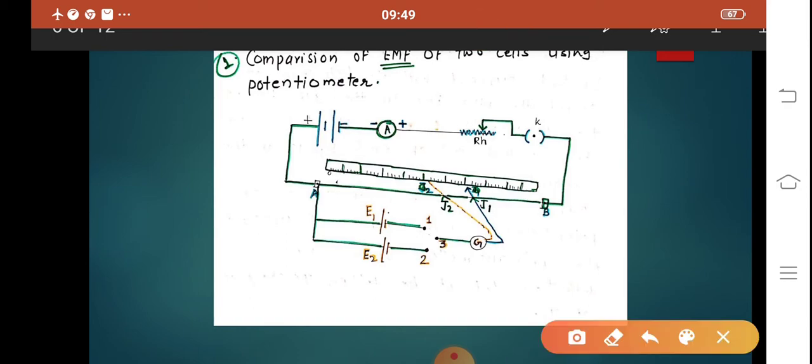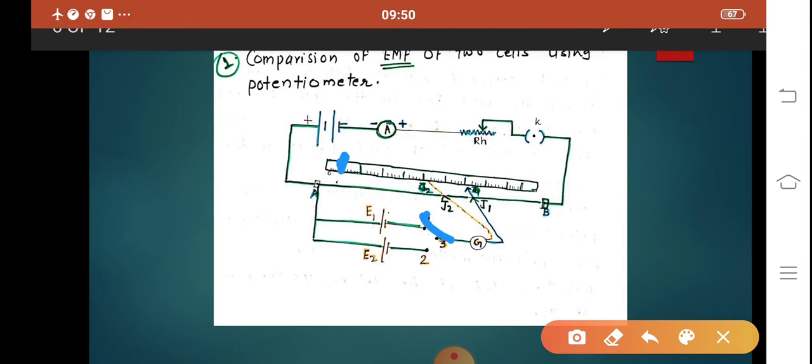As soon as you touch, when 1 and 3 is connected, cell E1 is in the circuit. Now if jockey J is connected here, the galvanometer will give a deflection on the left hand side.